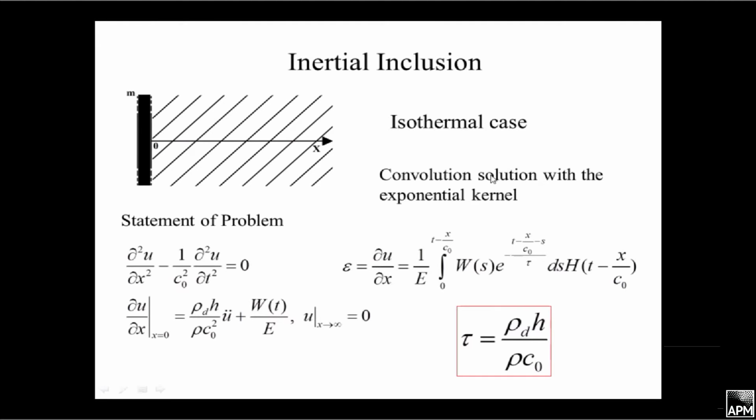It's a convolution of this function with an exponential kernel, and so in this problem we can easily see the role of the relaxation time, which in this problem is determined by the size of this inclusion divided by the velocity of sound in the medium.